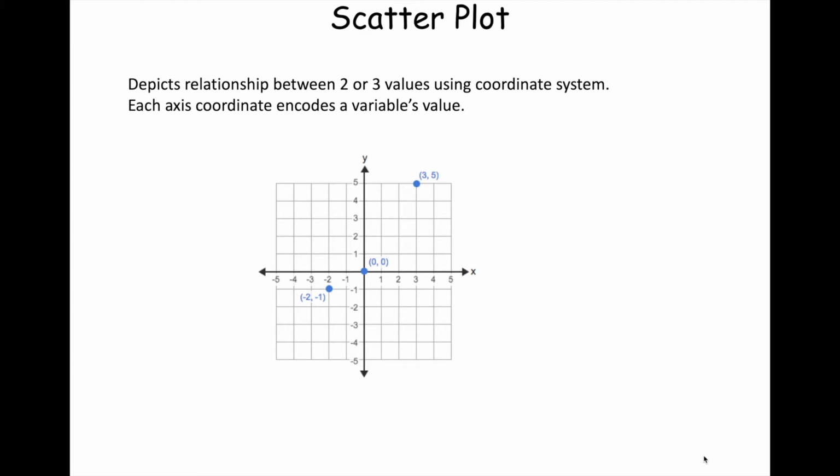Okay, so each axis encodes a variable's value, and you can imagine if you wanted to visualize 3 variables, then you would plot things in 3 dimensions. Okay, and so what the scatter plot gives you is a visual depiction of the relationship between 2 variables, because depending on the shape of the cloud of points in the scatter plot, you can visually depict a lot of types of relationships between the measured variables.